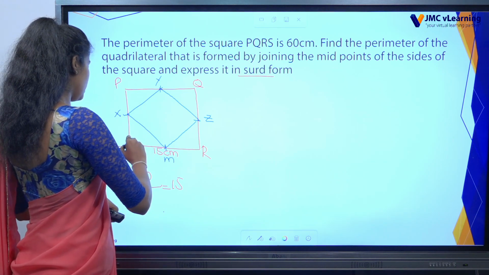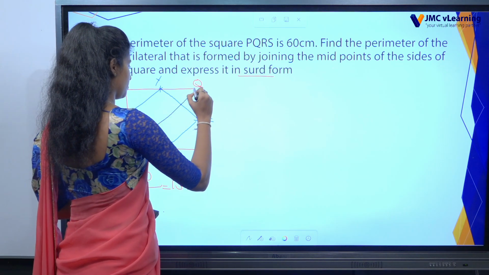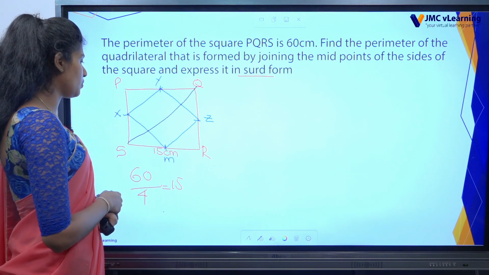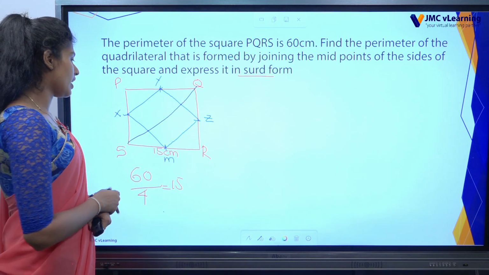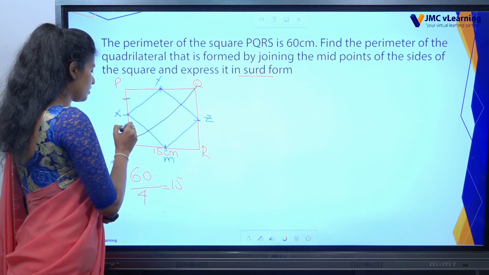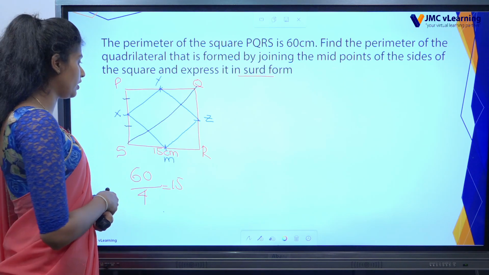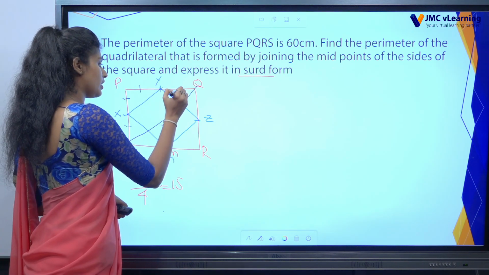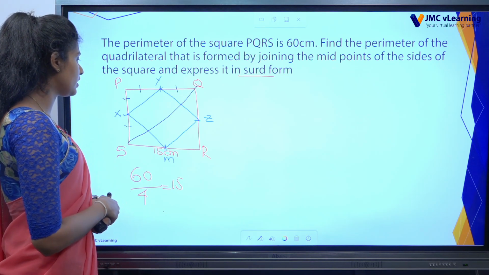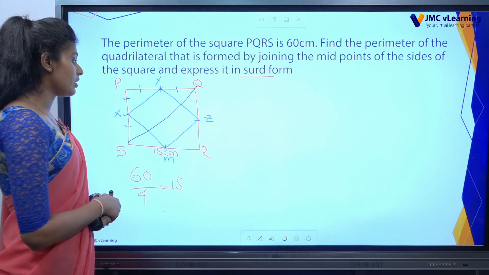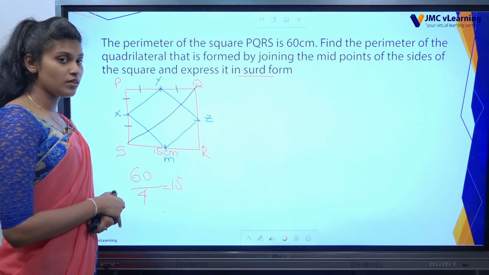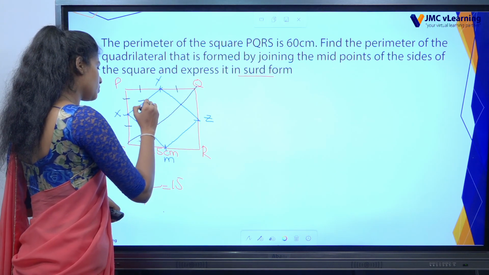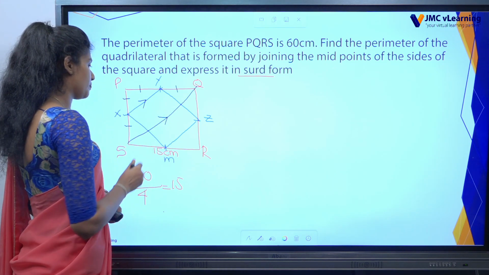Let's join QS. When you join QS, what can you say? These two lengths are equal and these two lengths are also equal to each other. That means we can say by the theorem that these two lines are parallel.